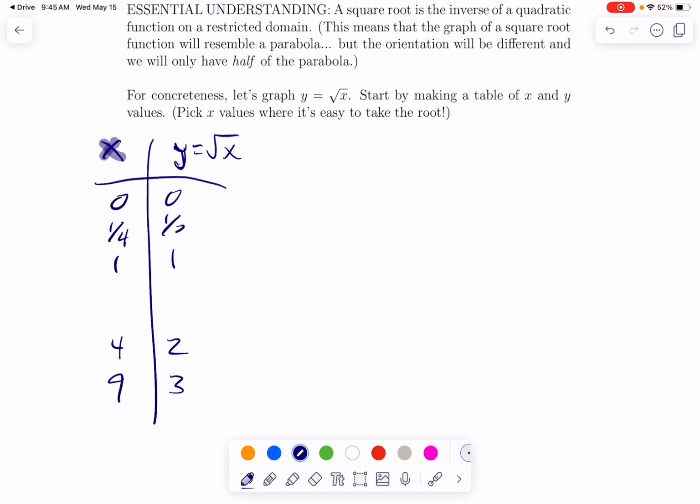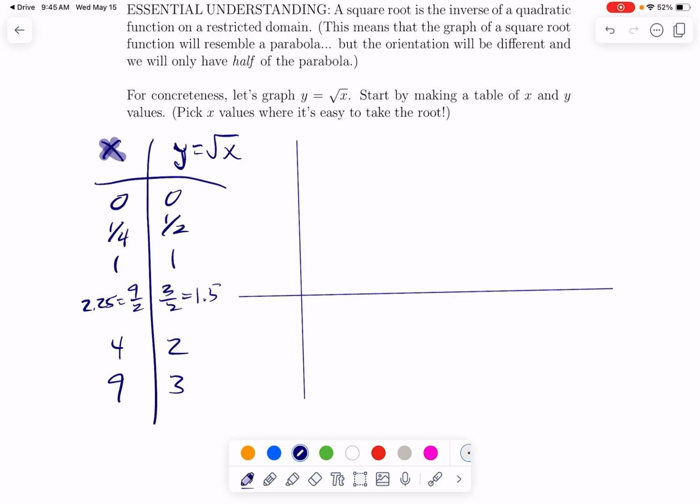The square root of 1/4 is 1/2. Could put in something like 2.25, which is 9/4. The square root of that is 3/2, which is 1.5. And if we plot this, I'm doing this by hand, so it'll be imperfect, but I'll try my best. I have a point at 0, 0.